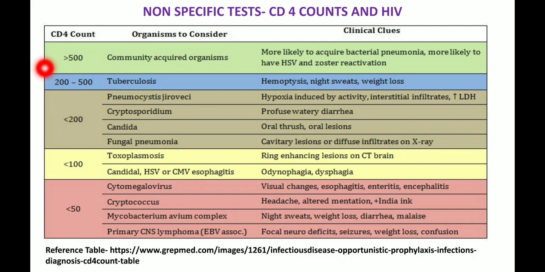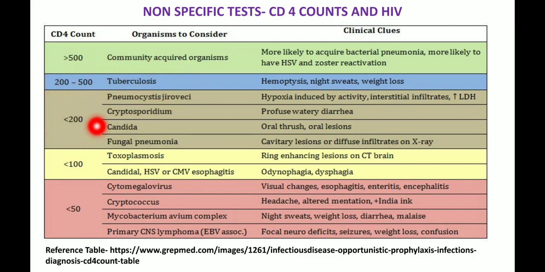This particular table gives you the basic timeline of the infections that are usually considered depending on the CD4 cell count. If it is more than 500, it is community acquired organisms. Between 200 and 500, you have tuberculosis.